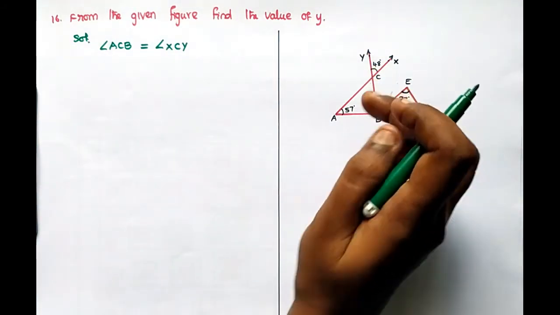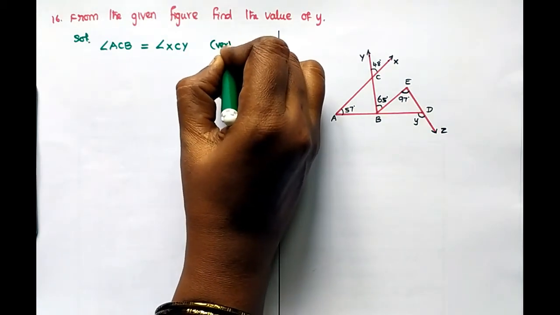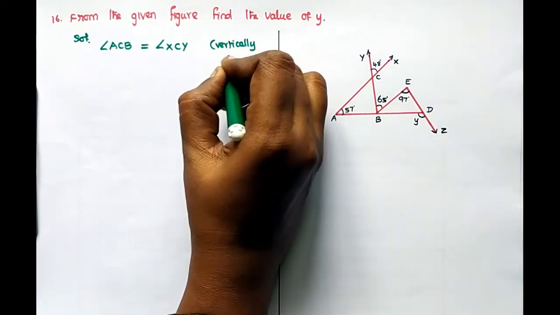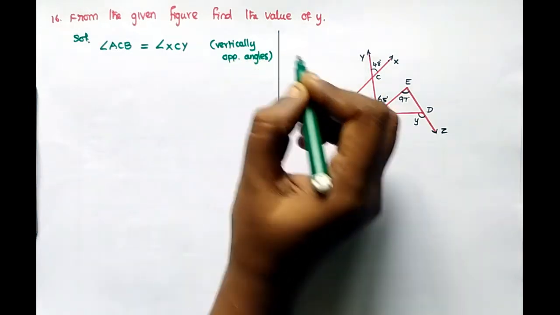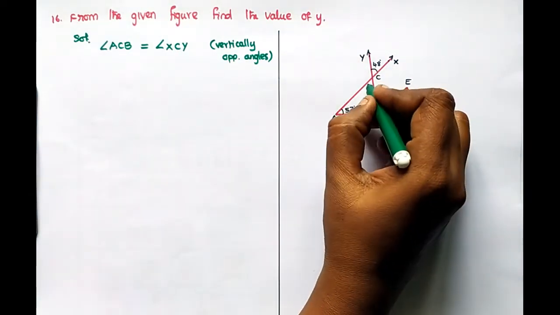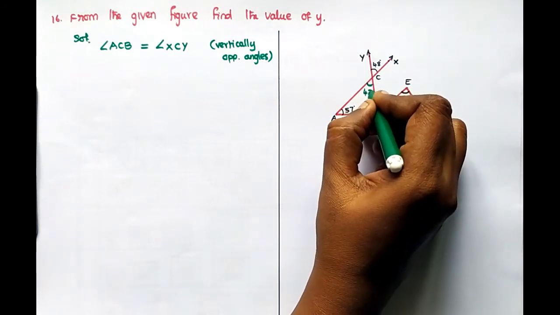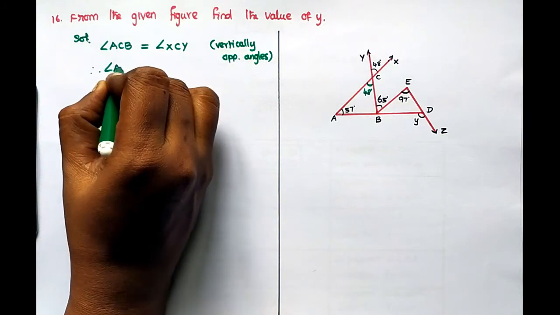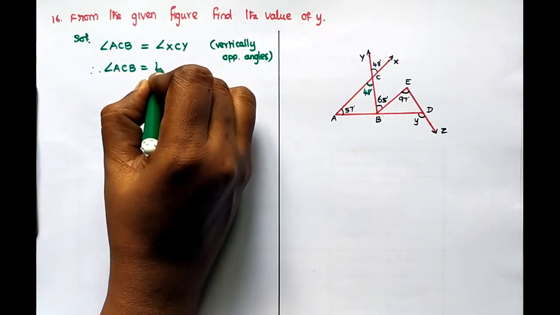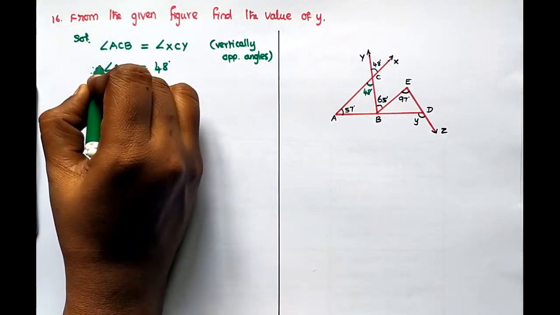What's the reason? Vertically opposite angles are equal. So angle C equal to 48 degrees. Therefore angle ACB equal to 48 degrees.